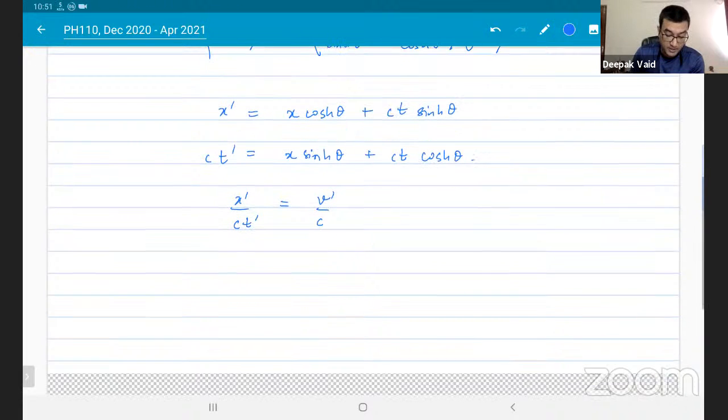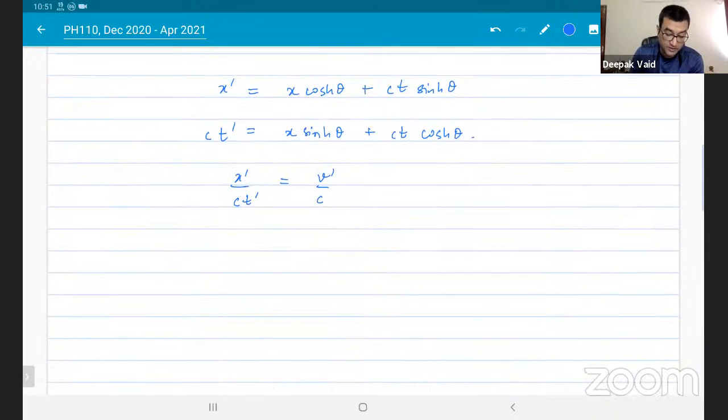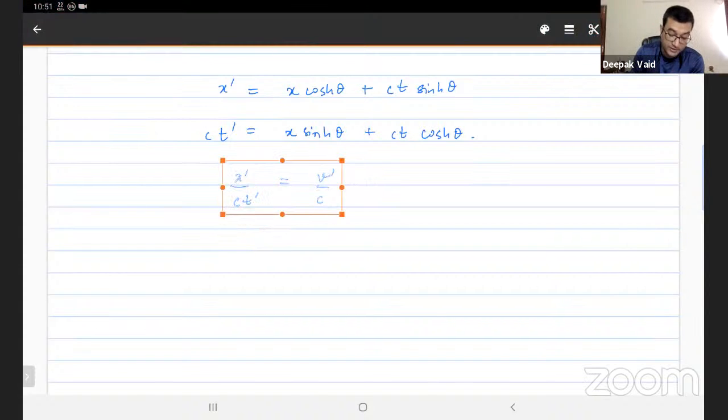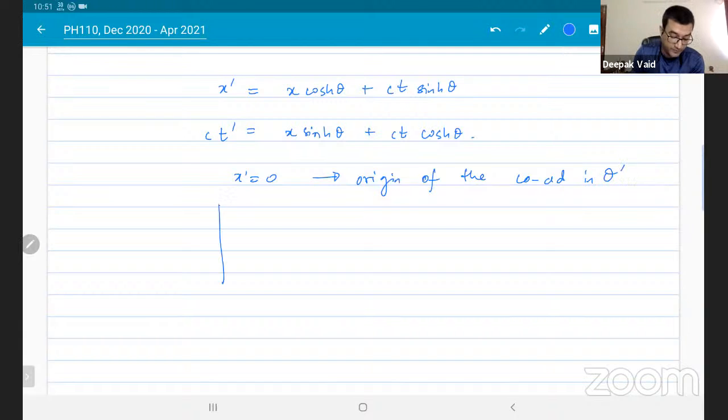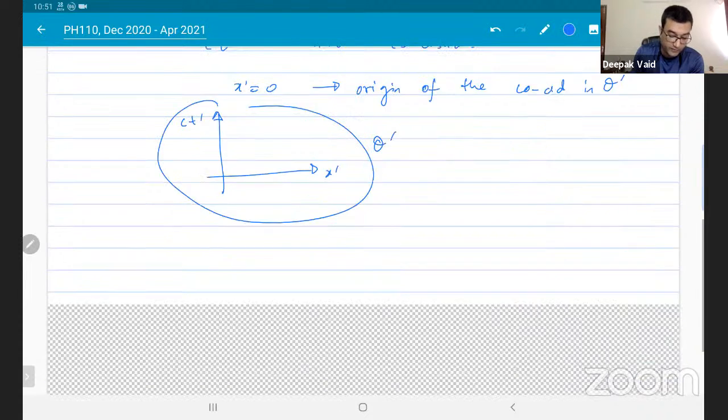All right, and then you can ask, or actually instead of saying this, we can ask what happens if x prime is equal to 0. Now x prime is equal to 0 is the origin of the coordinate system in O prime, right? So this is x prime, ct prime. This is the O prime frame of reference.